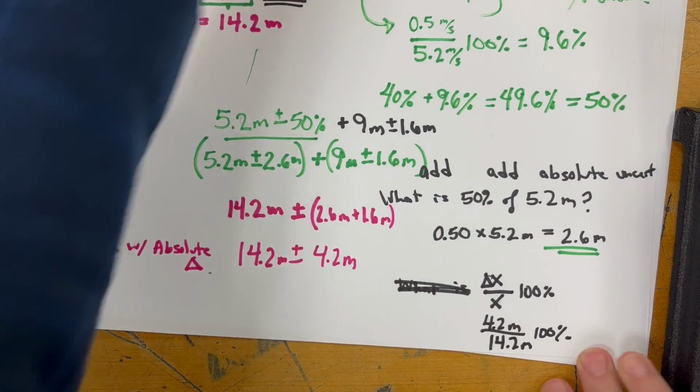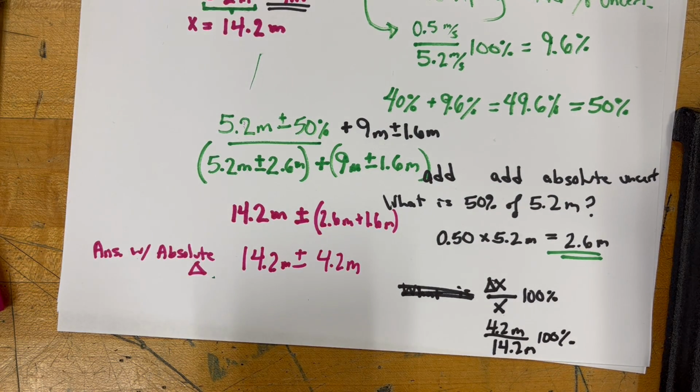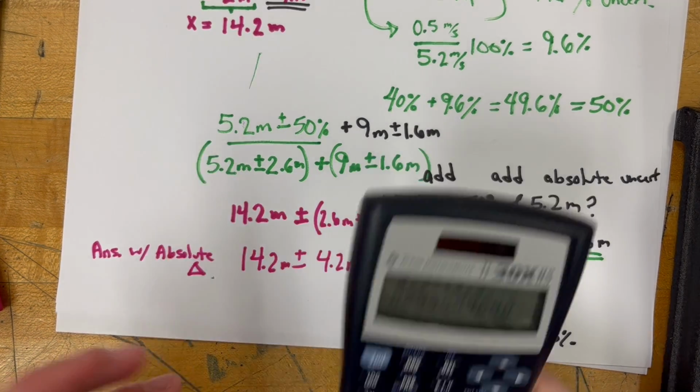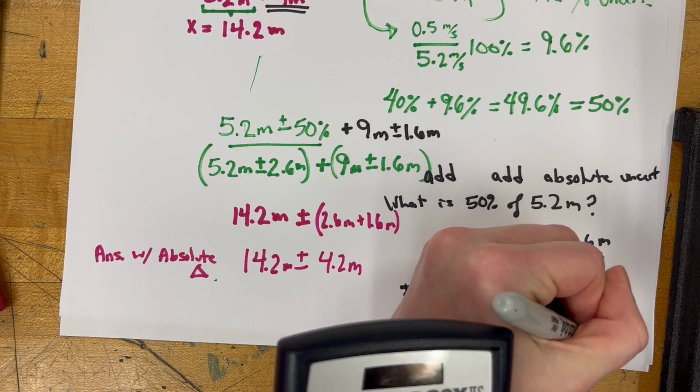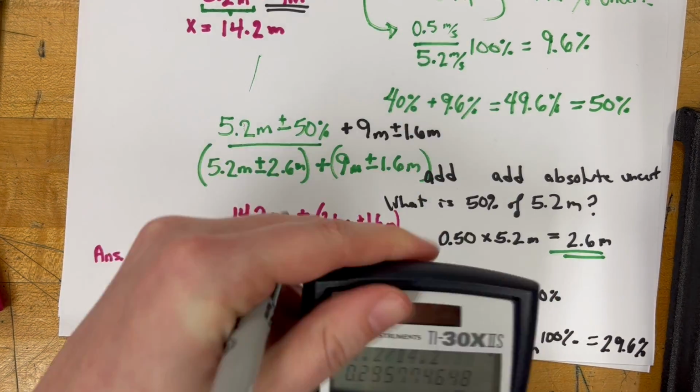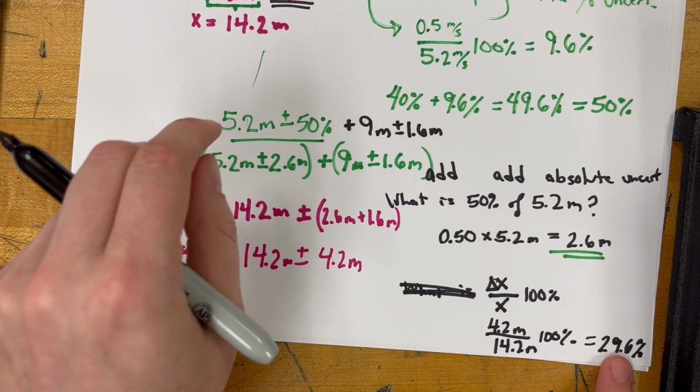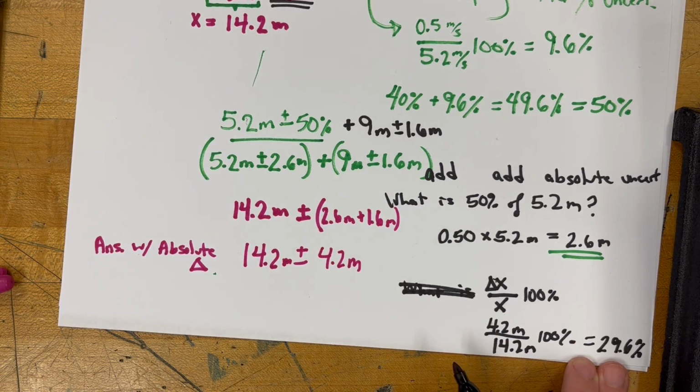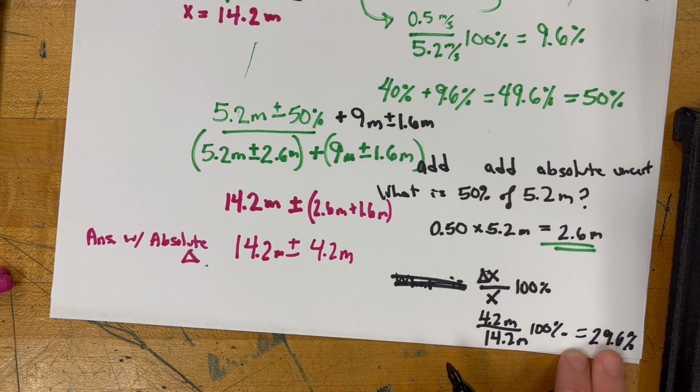And this is something for which I'm definitely going to use my calculator. I don't know it off the top of my head. 14.2, and I get 29.6%, which is, again, too many sig figs. I've said you might round a percentage to 2 sig figs or to 3 sig figs.